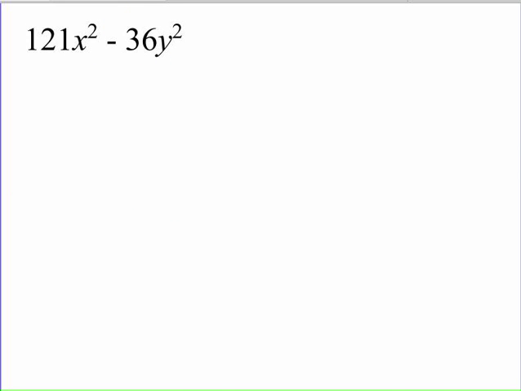Okay, let's look at this one. 121x squared minus 36y squared. First thing, I look to see if I've got something in common. Anything in common? No, and I now have 2 terms. Whenever I have 2 terms, what am I always looking for? Perfect squares, right. Is 121x squared a perfect square? Yes. 11x.